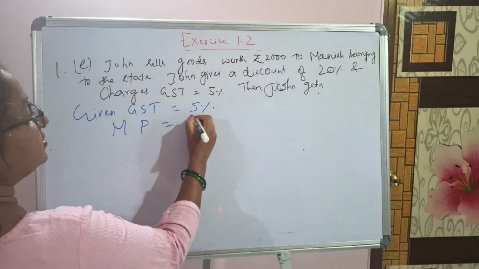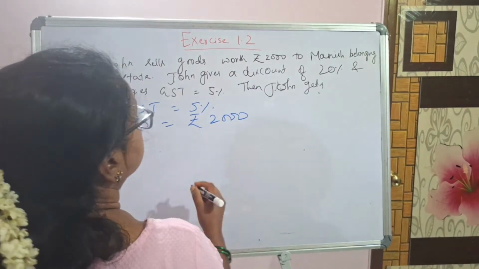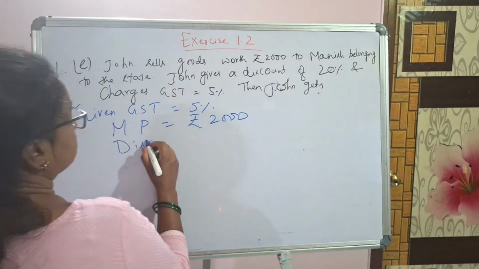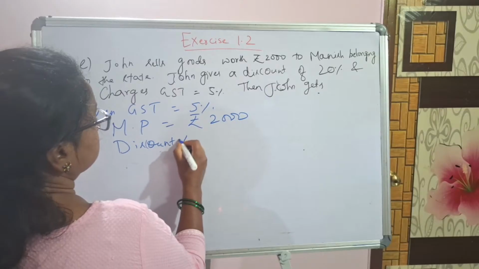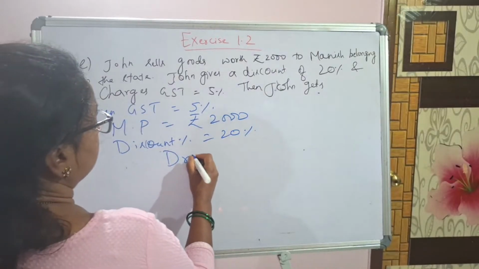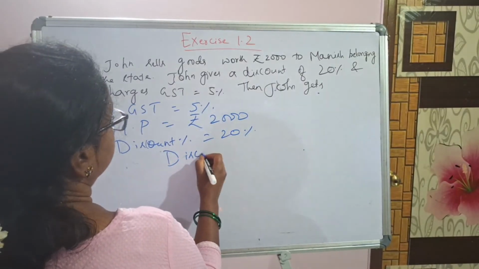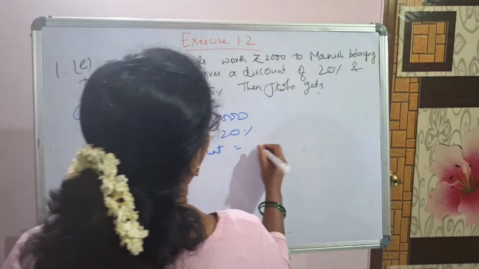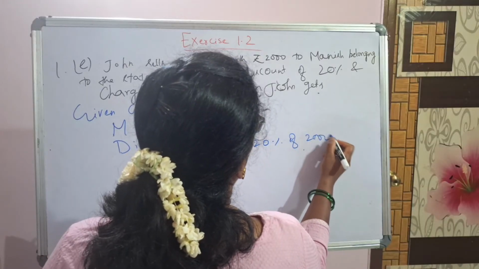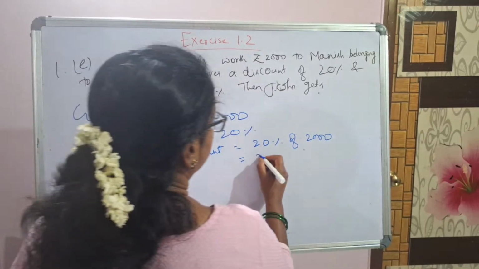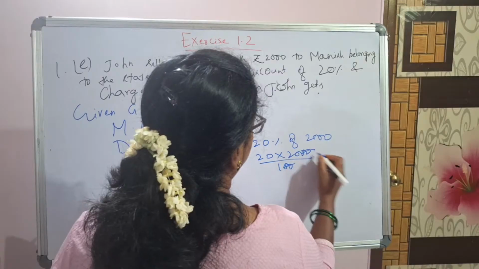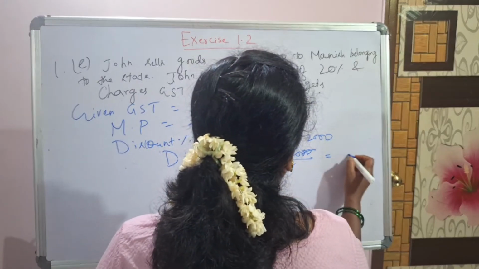Market price is equal to rupees 2000, discount percent 20%. So discount is equal to 20% of 2000, which is equal to 20 into 2000 divided by 100, which is equal to 400.